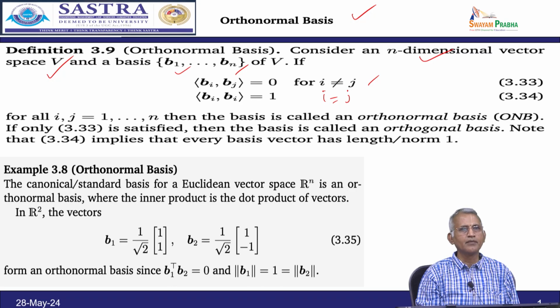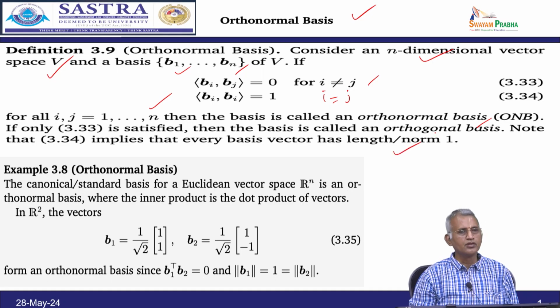For all i comma j varying from 1 to n, the basis is called an orthonormal basis, denoted by ONB. If only the condition 3.33 is satisfied, then the basis is called orthogonal. Note that the second condition implies every basis vector has a norm of length 1. So, that is the definition of orthonormal basis.